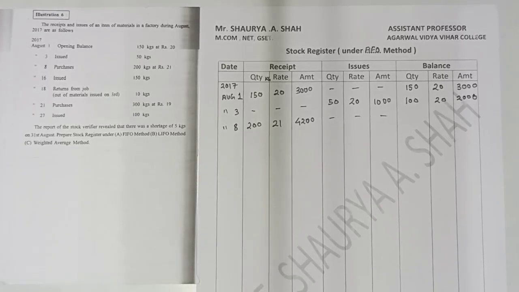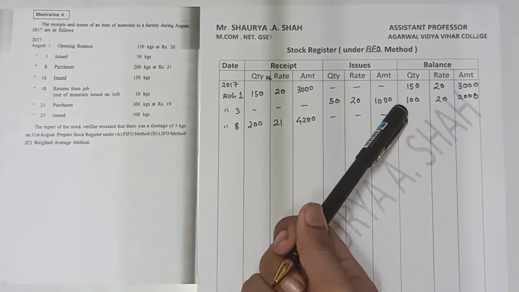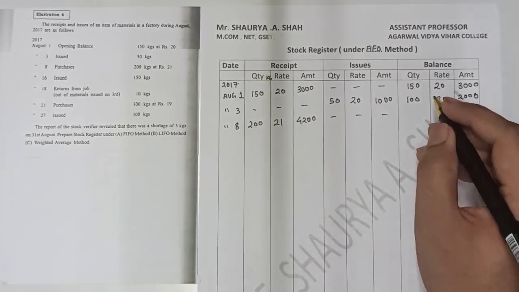Now it is the most important thing, students: you need to write down the balance of the quantity, right? When you are writing the balance of the quantity, you are having two kinds of balances. The very first is 100 already and 200 new, right? So under the FIFO method, how do you write it?